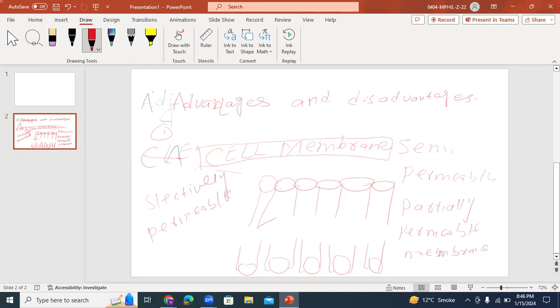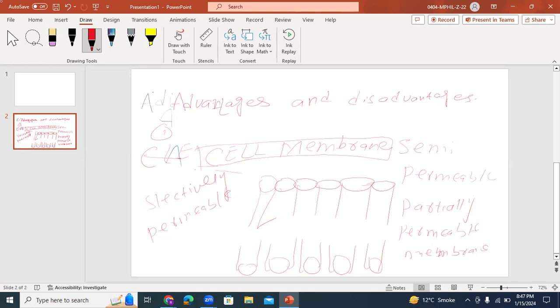For example, if you have any charged particle trying to get into the cytoplasm, what is inside of this cell membrane? There is a cytoplasm, and any material coming from outside wants to get in, and this cell membrane will decide whether this molecule should get in or not.